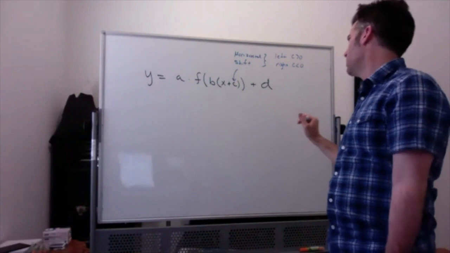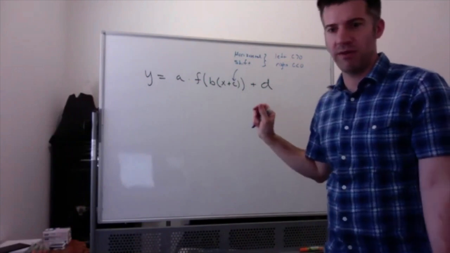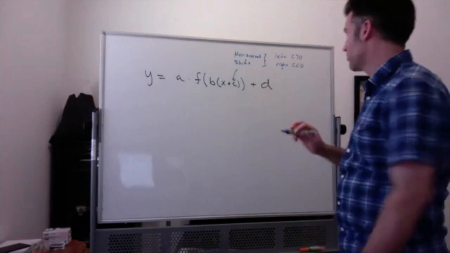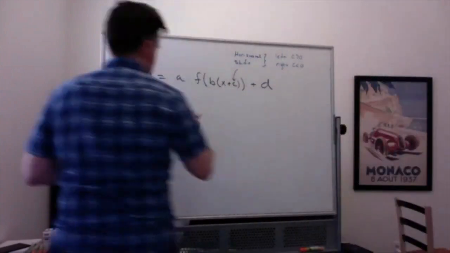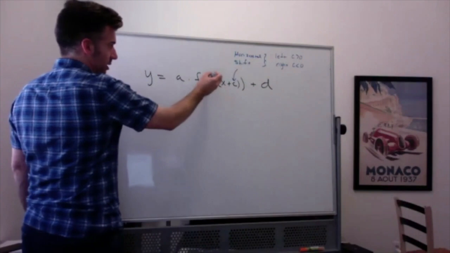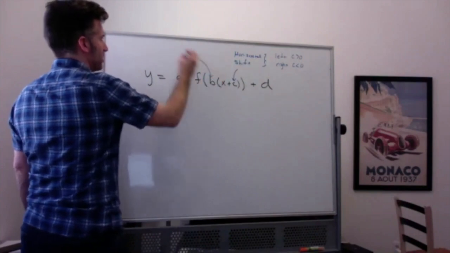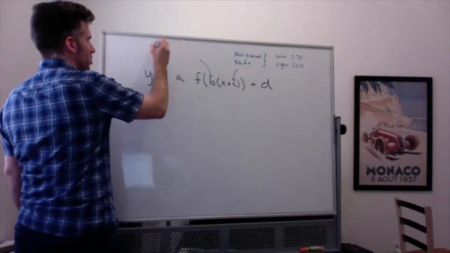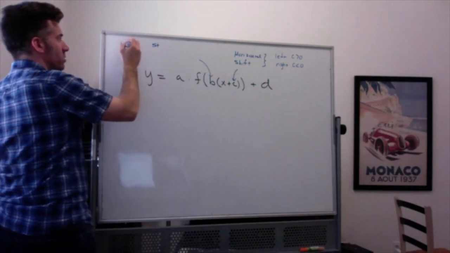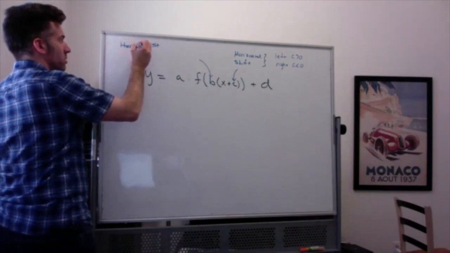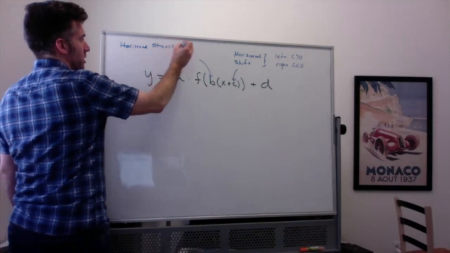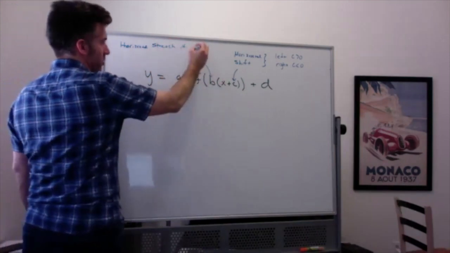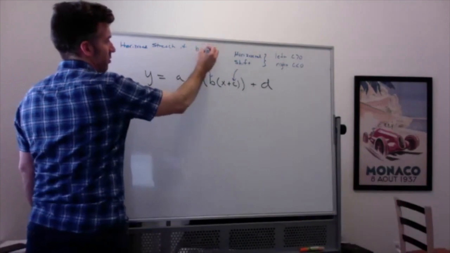That's totally right. And this b here, this is what we just talked about. Multiplying by this is going to be a horizontal stretch if that number is smaller than 1.